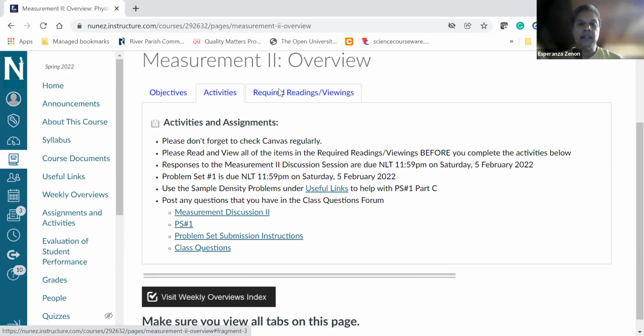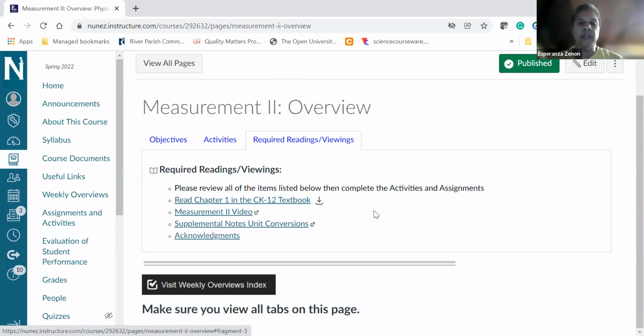So let's take a look at the materials that I made available to you. So here is the first chapter that you'll tackle in the textbook, the CK12 textbook. Remember, I told you that I broke the textbook down by chapter. And so in this overview, you need to be reading and reviewing chapter 1 in the textbook.